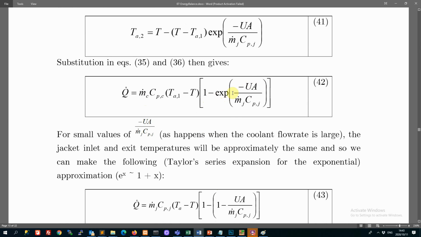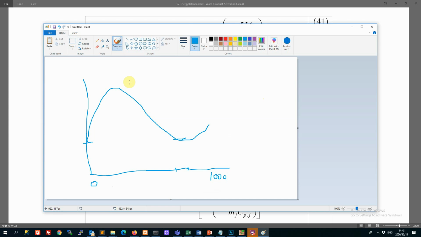And then if you look here, you've got UA over M CP. Now you've said, well, I'm going to use a nice high flow rate so I can get similar temperatures, TA1 and TA2. So if this is nice and high, then this number here is going to be a nice small number. So if you're taking the exponential of a small number, let's think about the exponential function.